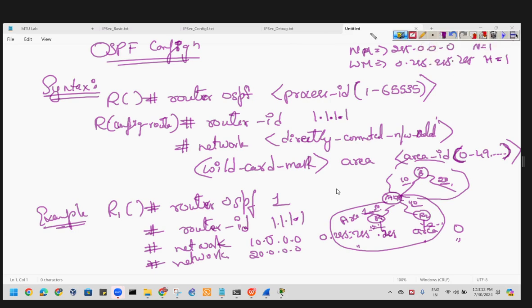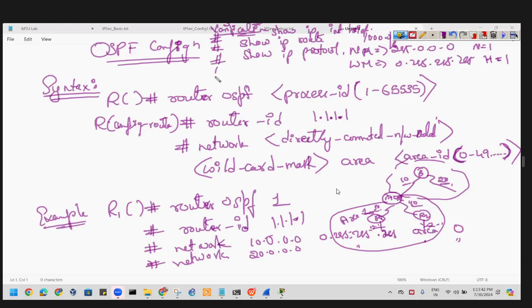Verification commands are show ip route and show ip protocols. Before that, show ip interface brief to check if your interfaces are up. Whatever interfaces are up, only that will show in your routing table.